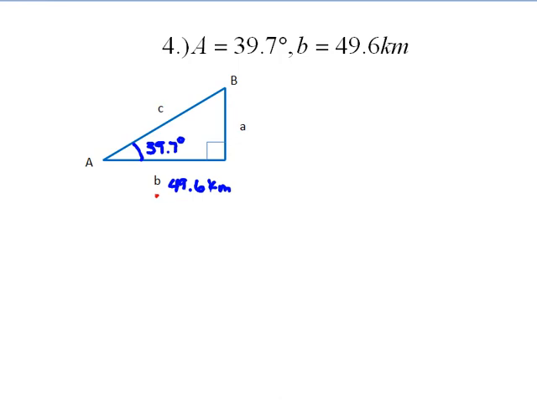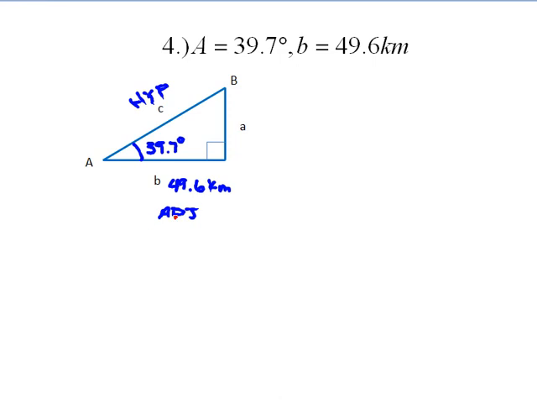Now we need to find C. We know this is the hypotenuse. And this was what? The adjacent, right? So I'll keep reminding you of that.